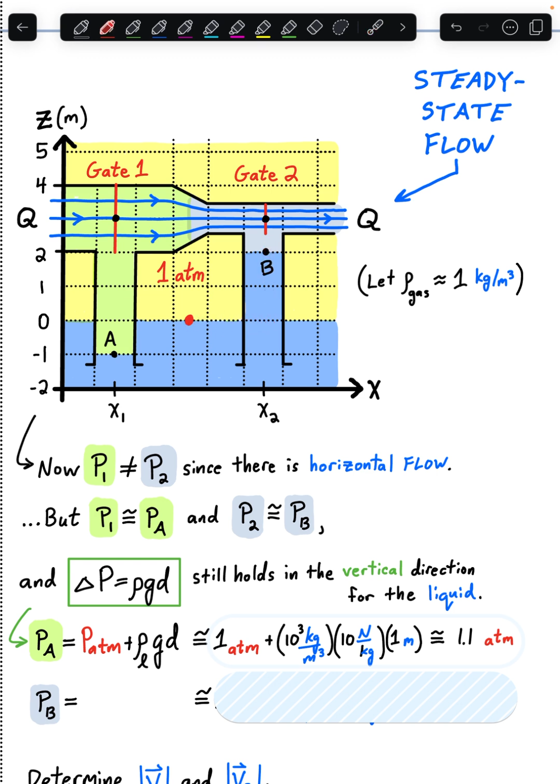So we'll say the pressure at B will be equal to the atmospheric pressure at this location here, at that gas-water interface, 1 atm right there, plus the density of water, of the liquid, times the depth, 2 meters between those two locations.